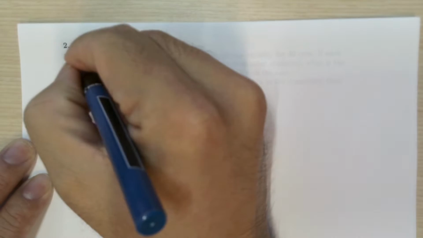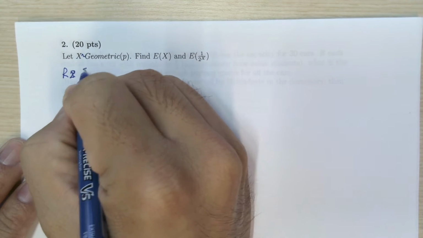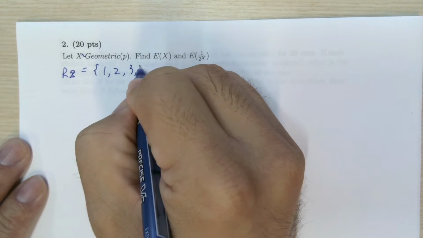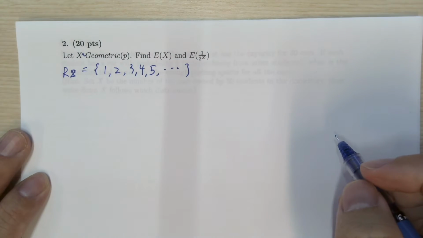Okay, let's see. If X follows the geometric distribution, then we know that the range is going to be all the positive integers, right? It's something we know.